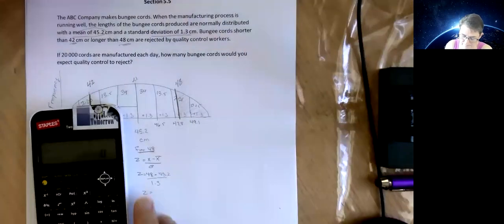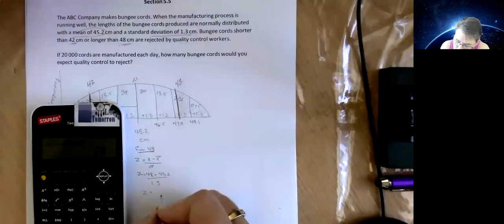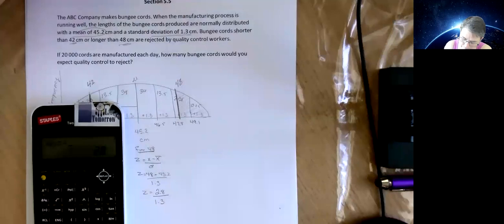So my mean is still 45.2, and my standard deviation is 1.3. Divided by 1.3 is 2.15.